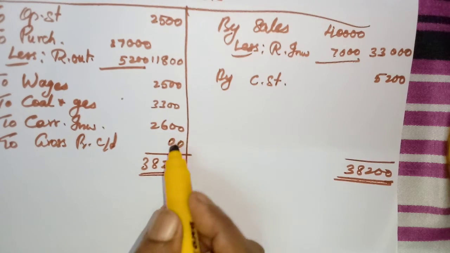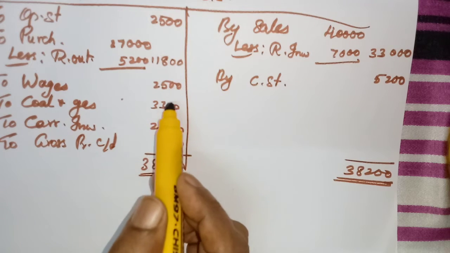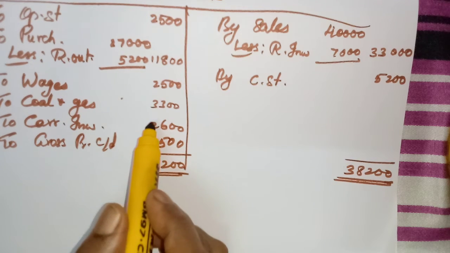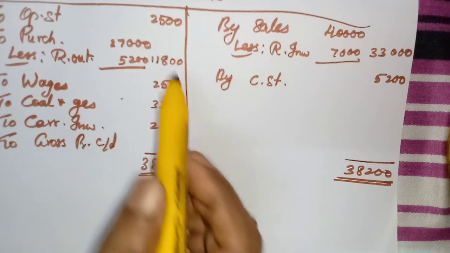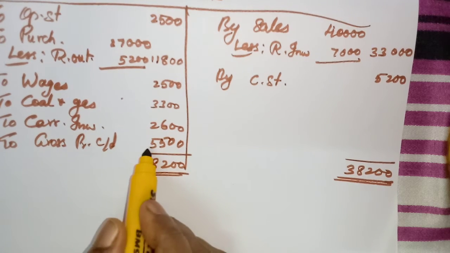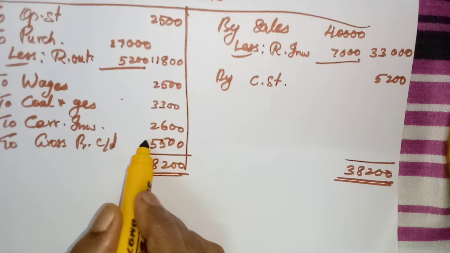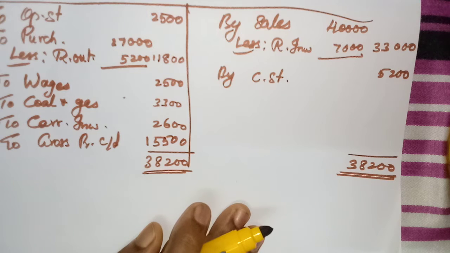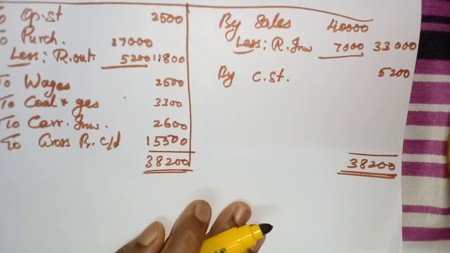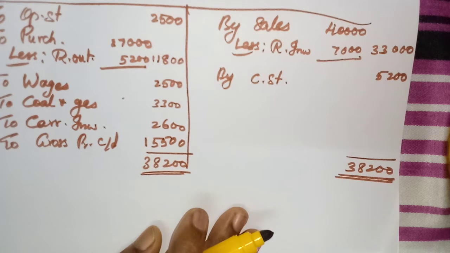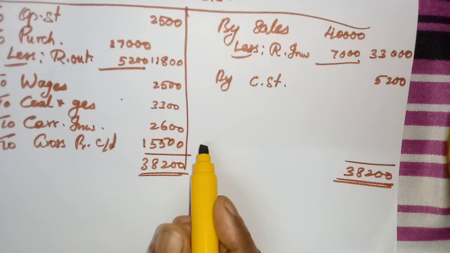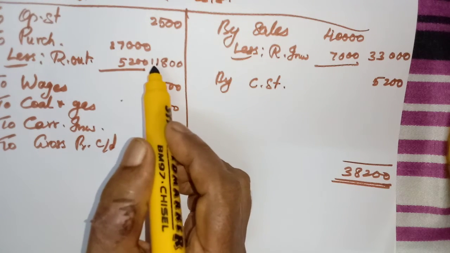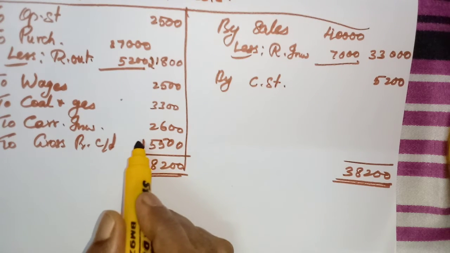Add here: 5, 13, 18, 21, 27. 27 plus 5, 32. Balance 21,000. So this will not come.